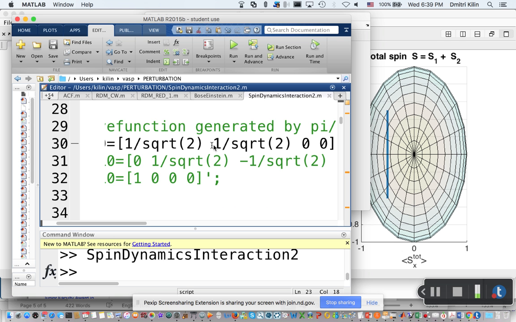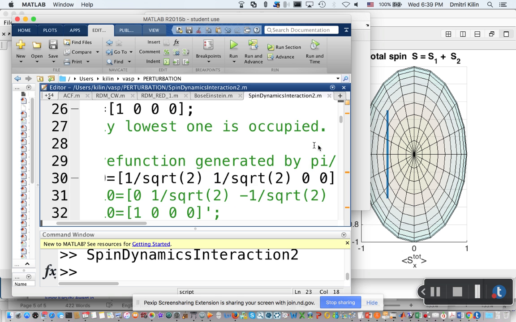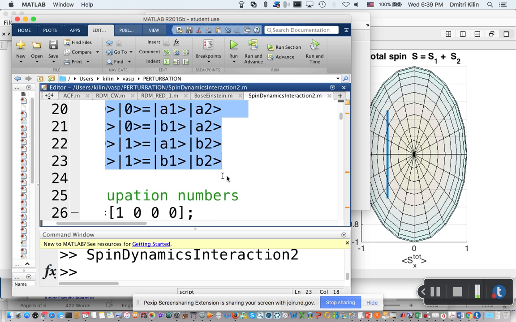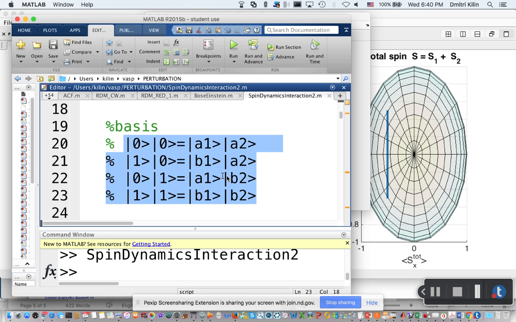So the first, second, third, and fourth states, and we keep them normalized. And first and second means that the second system will be in the ground state, and the first will be in the superposition between ground and excited.